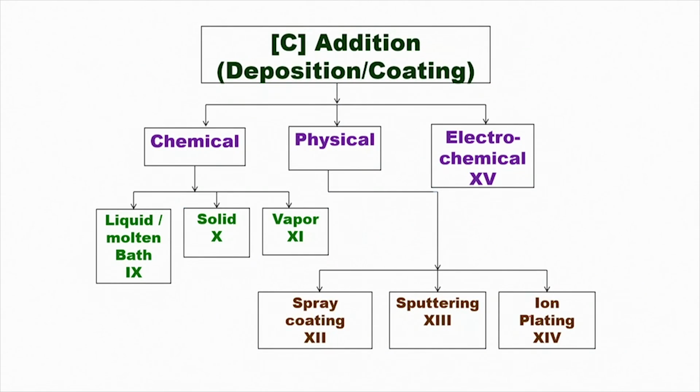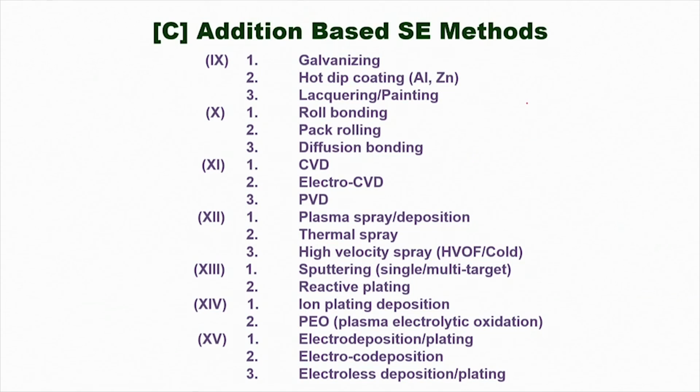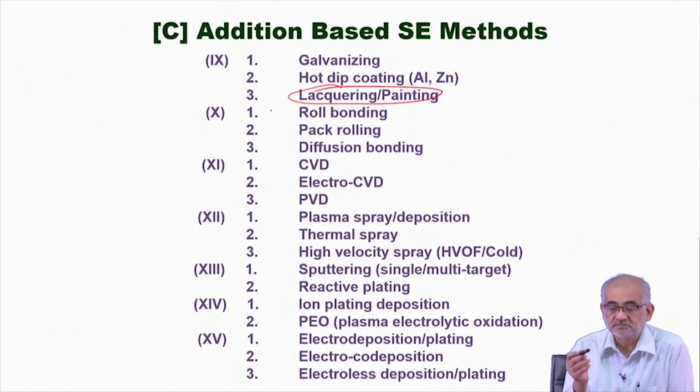In the addition processes, we can apply various kinds of chemical, physical, and electrochemical methods. For example, galvanizing, hot dip coating, lacquering, and painting. This is something which we haven't discussed much in the course, but is nevertheless very important for anything from a large wall of a building to a very sophisticated electronic device, or even decorative pieces.